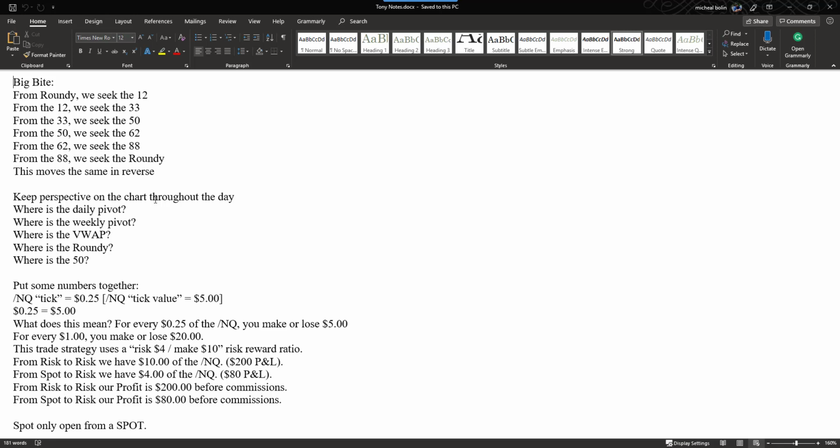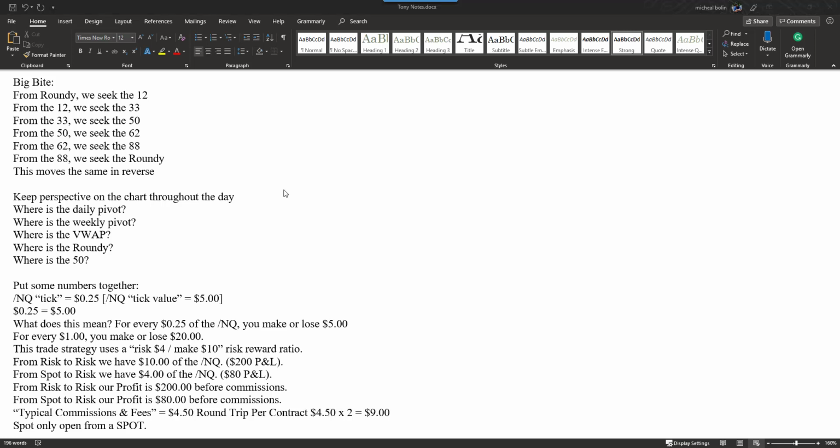All right? And remember, when we're getting into these trades, we're trying to get risk out at the risk line. So if we enter at spot and we take half of our trade off at risk, we've taken $80 of profit off the table. If price reverses and we get stopped out, we call that risk out, stop out. Then we had opened and closed 2 contracts and we made $80 before commissions. Now I went ahead and added typical commissions and fees here. I don't know what your commissions are.